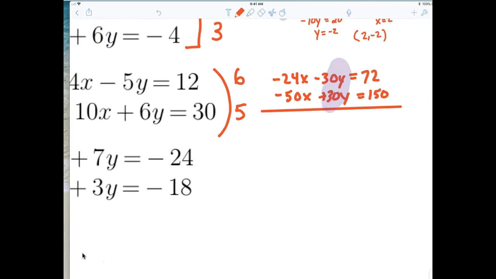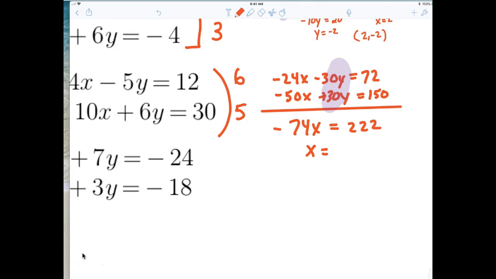So you have negative 74x equals 222. Then you divide each side by 74.